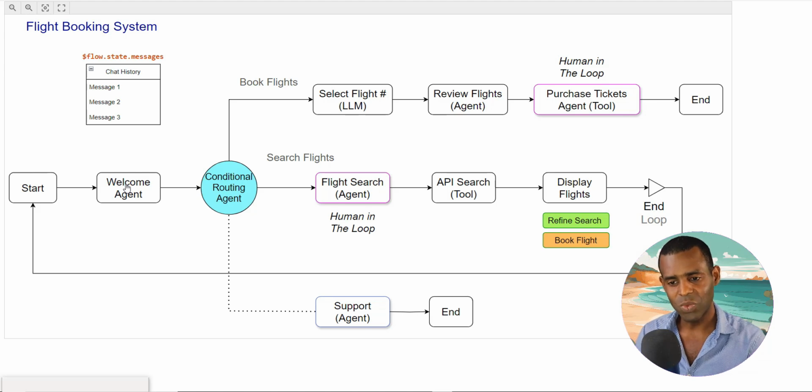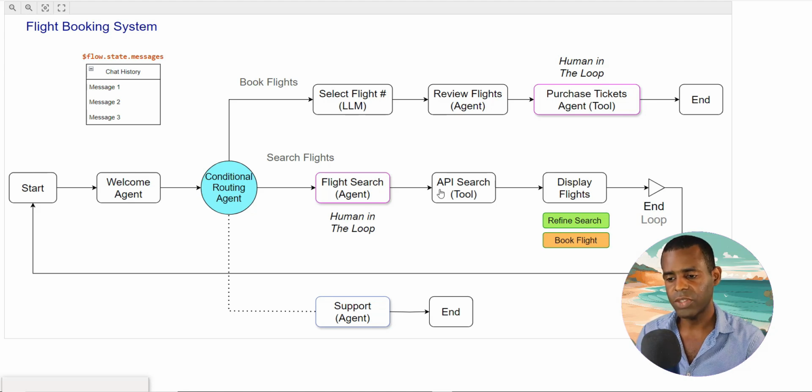And we set it up so that if you're not searching for a flight or booking a flight, the output of the welcome agent goes directly to the support agent. And that is what you see when you are chatting with the model, because otherwise you would not see any of the messages passed between agents.